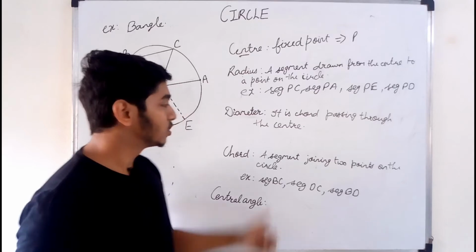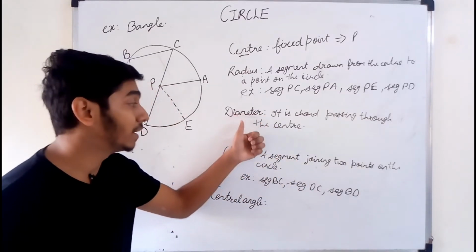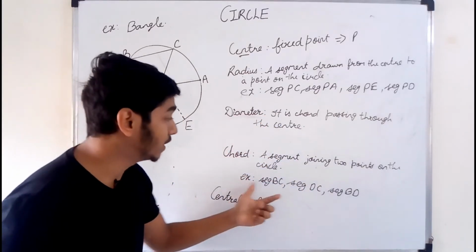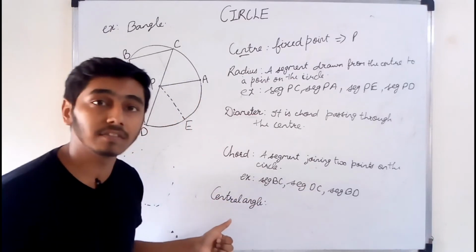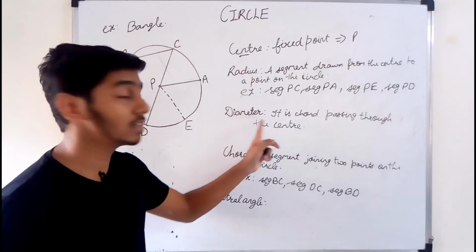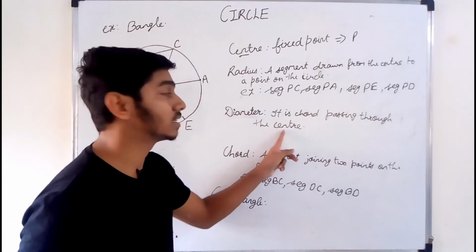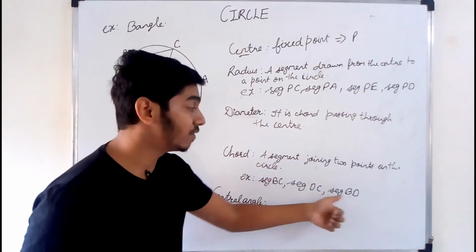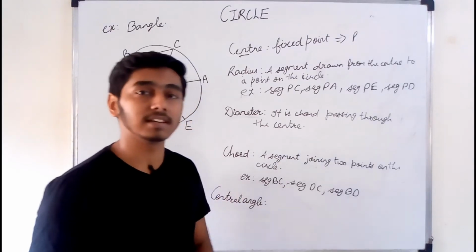So what does it say? So it's easy to understand. See, diameter is what? It is a chord. So first we need to check inside this chord itself which one is the diameter. Correct? Because this diameter says it is a chord passing through the center. So let us check each and every chord which one passes through the center.